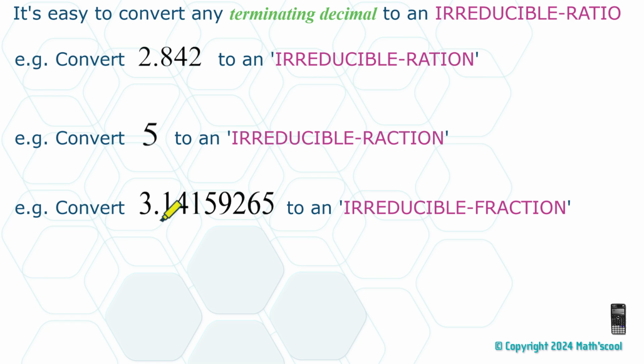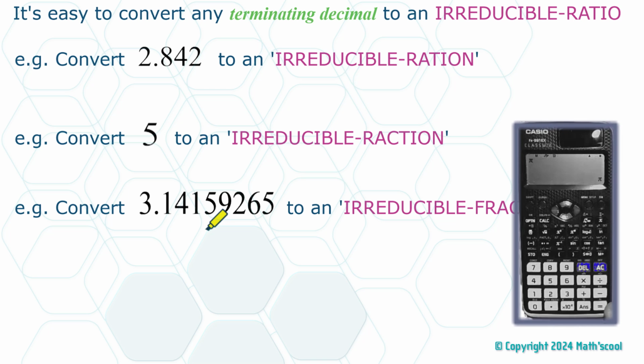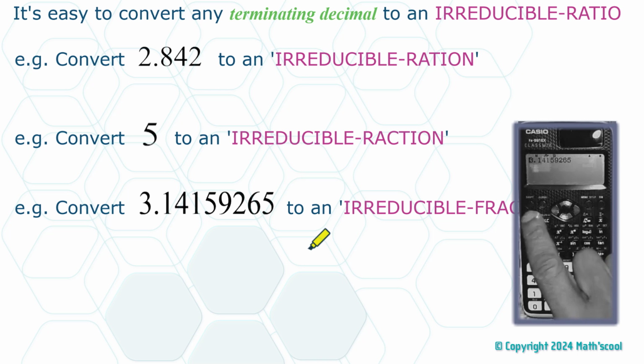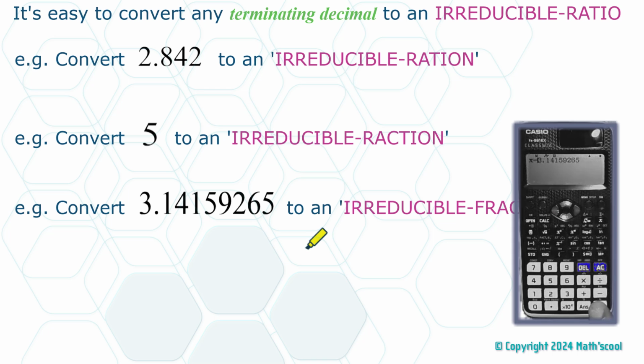Okay, this one looks suspiciously like pi, but it's not pi. Here's pi. And if I minus 3.14159265 from pi, you can see there's more digits, and there's more.